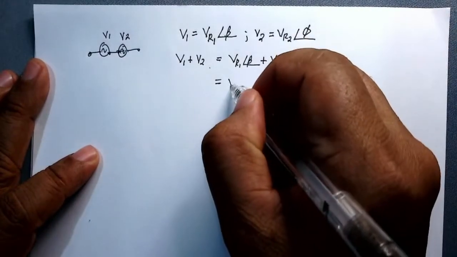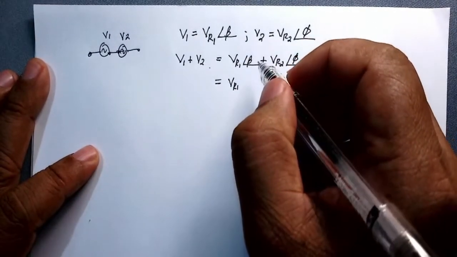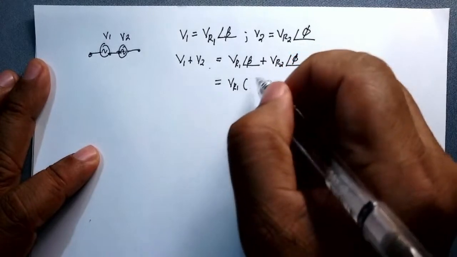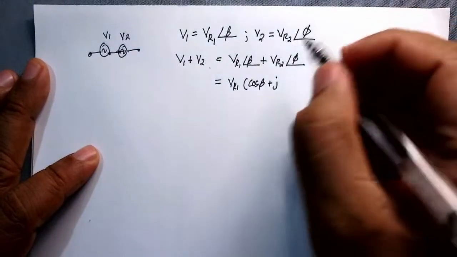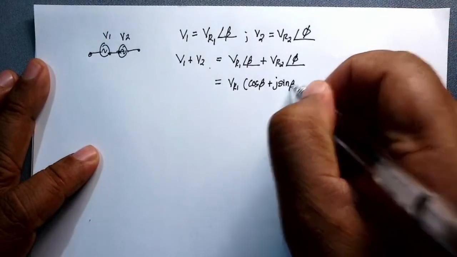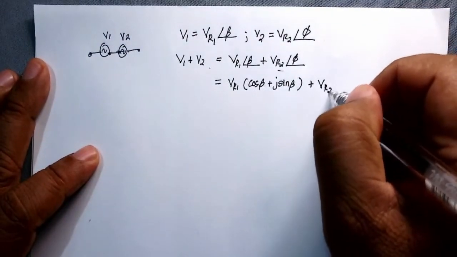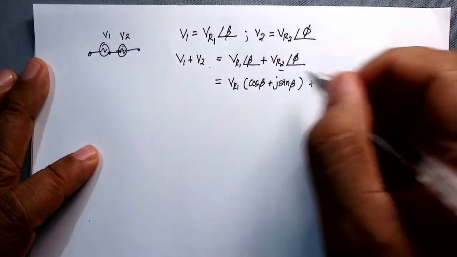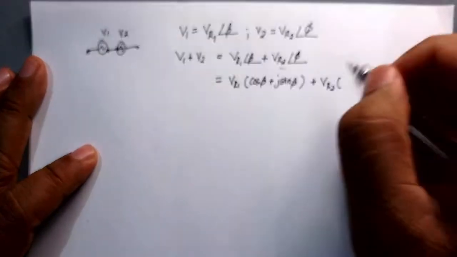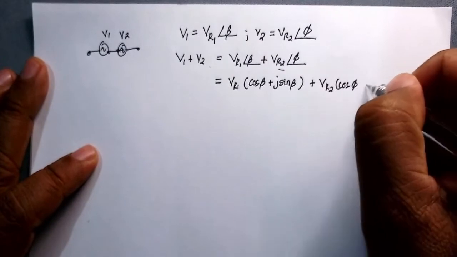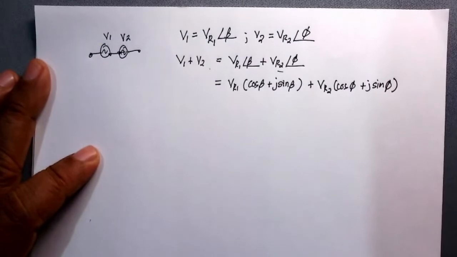So instead of writing the angle, for B sub R1 we write the function, which is cosine beta plus J sine beta. And also for BR2, instead of the angle symbol, we just expand that to cosine phi plus J sine phi. So that will now be the equation.